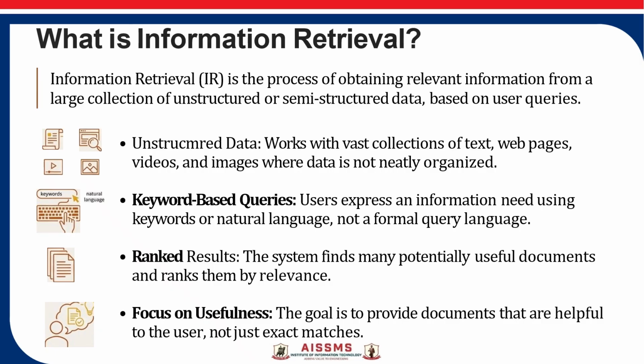Information retrieval, or IR, is the process of obtaining relevant information from a large collection of unstructured or semi-structured data such as text, web pages, videos, and images. Instead of formal code, users express their needs using keywords or natural language. The system then finds many potentially useful documents and ranks them by relevance. The focus here is on usefulness, not exact matches.